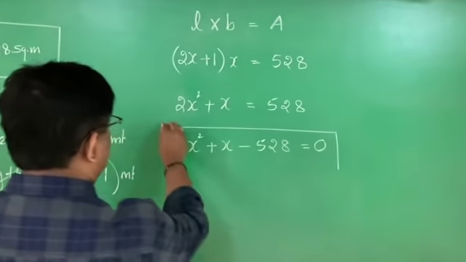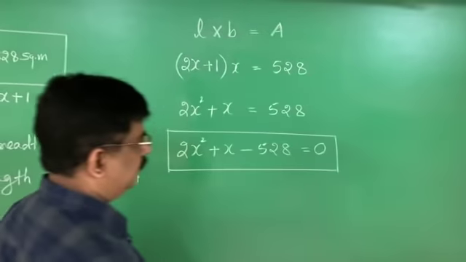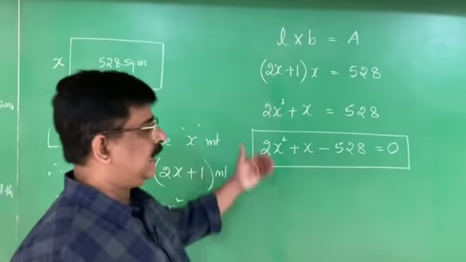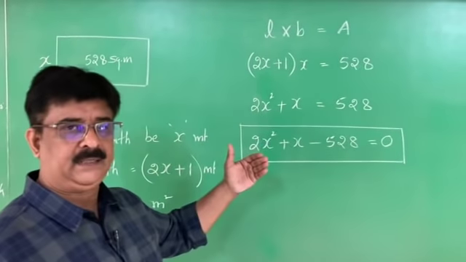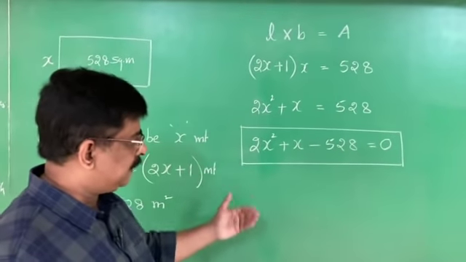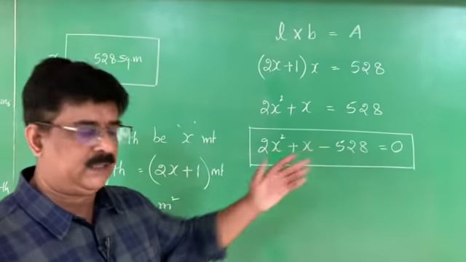This is the equation required for finding the length and breadth of the rectangular plot. There is no need to find the length and breadth. You have to represent the statement in the form of an equation.